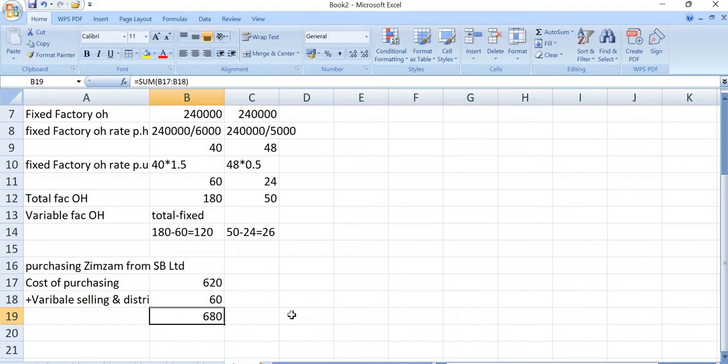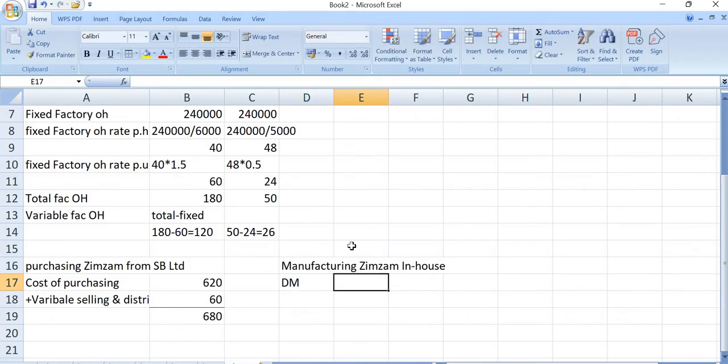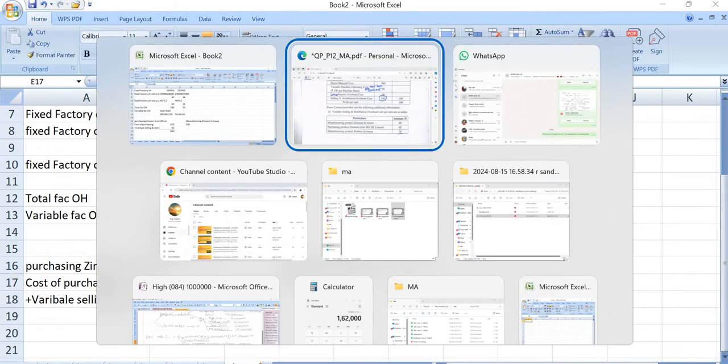What if I am manufacturing the Zimzam? For manufacturing Zimzam in-house, I'm going to incur all my variable costs, like direct material, direct labor, variable overheads, everything.